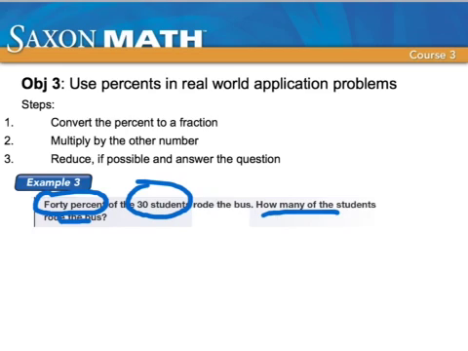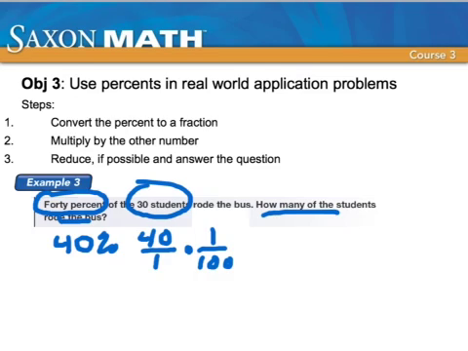Okay? So the first thing is to convert the percent to a fraction. So I'm going to take 40% and convert it to a fraction. So remember, to convert a percent to the fraction, I got 40%. I want to write it as an improper fraction first, and then multiply it by 1 over 100, because I need a denominator of 100, because percent means out of 100.